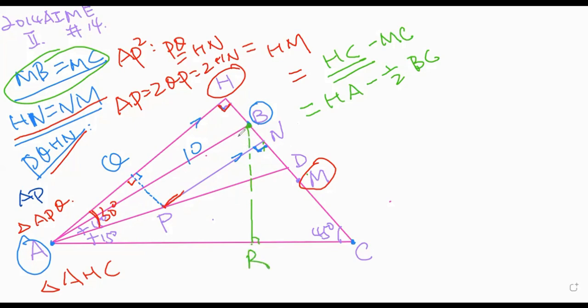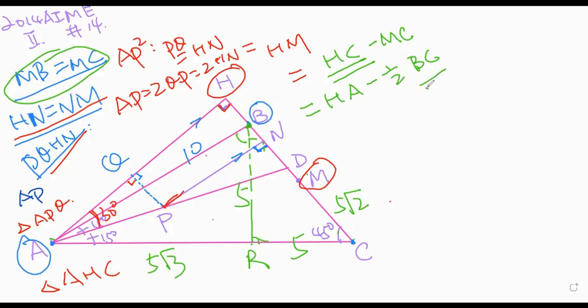So this is 60 degrees, right? This is 10, and the BR will be half of 10, 5, and AR is 5 square root of 3. And then this is 5, and this is 5, and the BC is 5 square root of 2, 45 degree, 45 degree, 5, 5, 5 square root of 2.